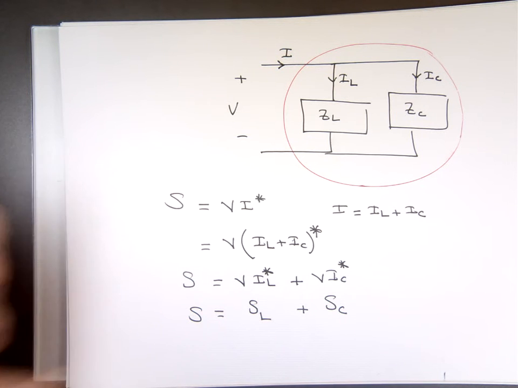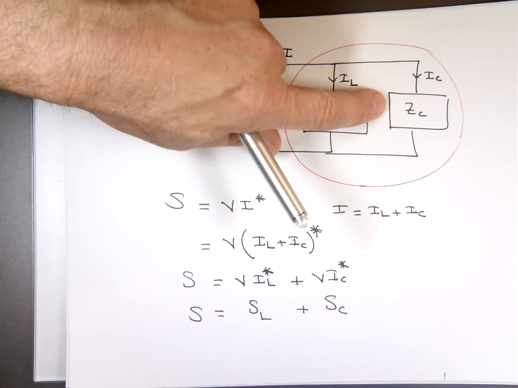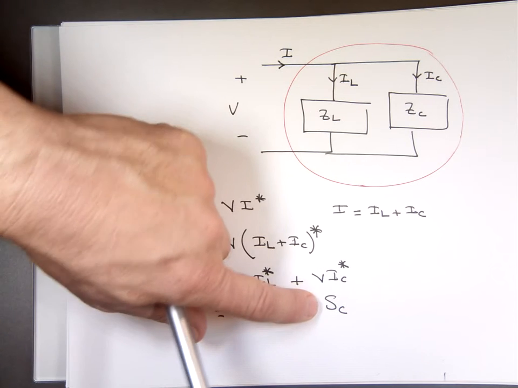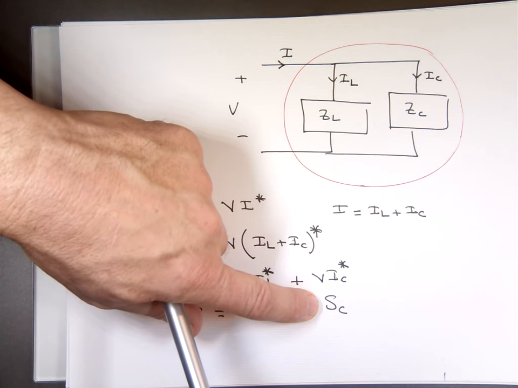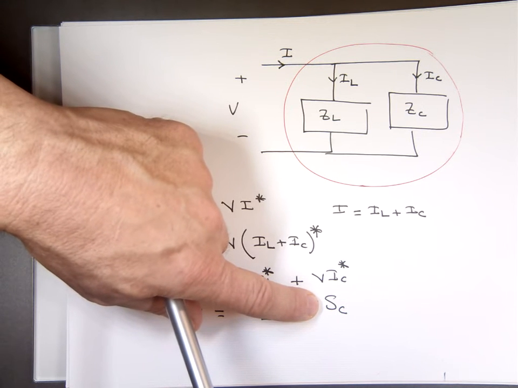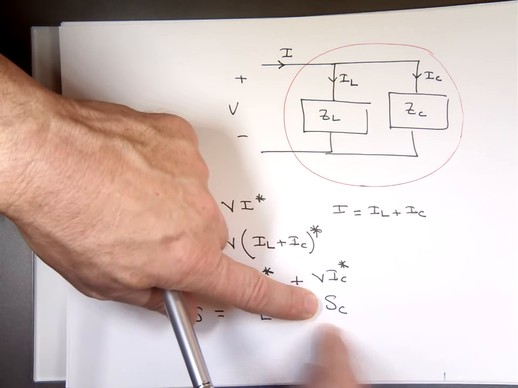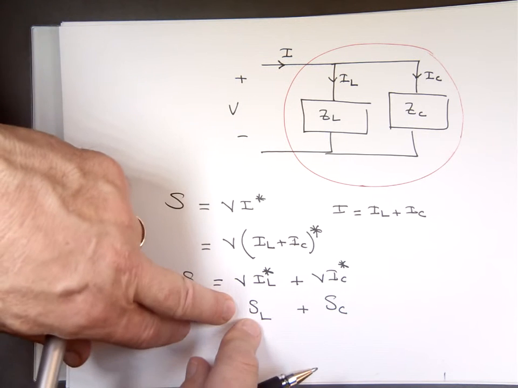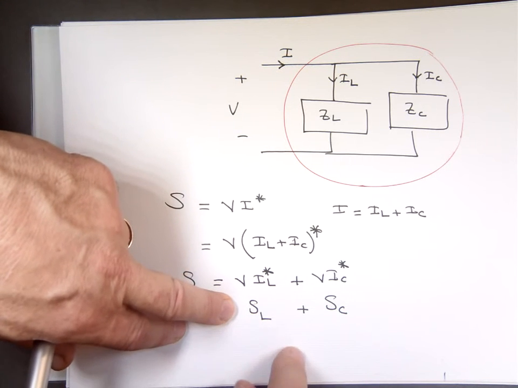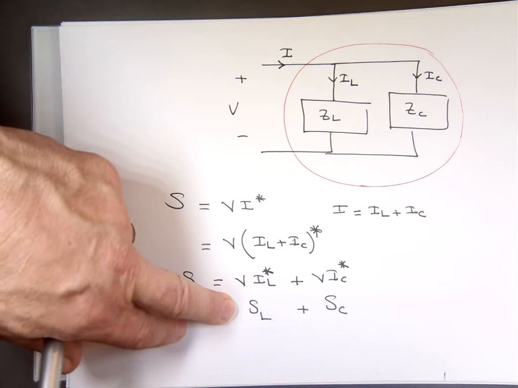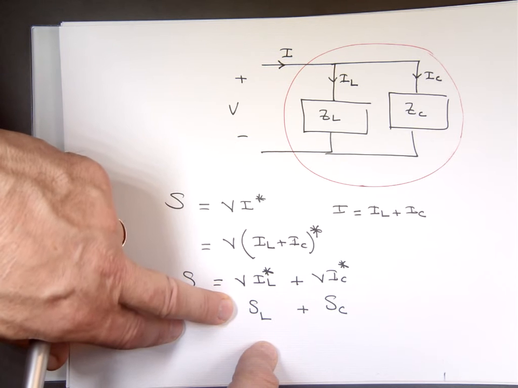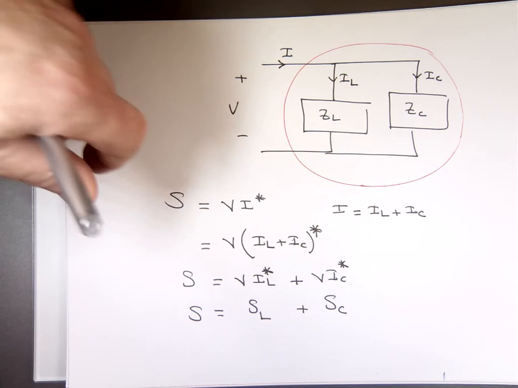The current and the voltage in the capacitor are going to be off by negative 90 degrees. So this will be purely reactive. It will not have any real portion. So this will be like negative 50j watts there. This will be 200 watts plus j50, you know? So when you add them together, that negative j will lower that value. So that's why you want to be in parallel there.